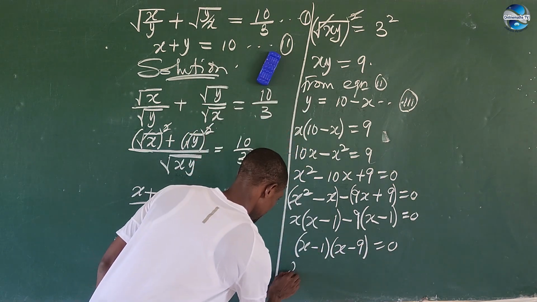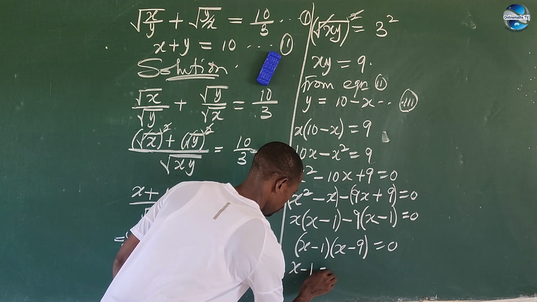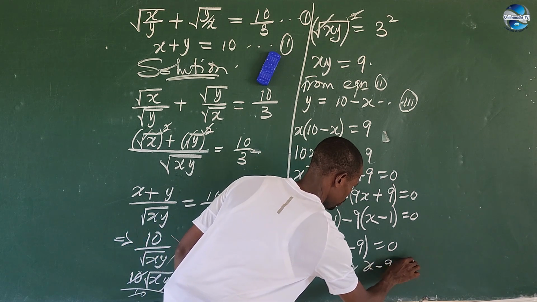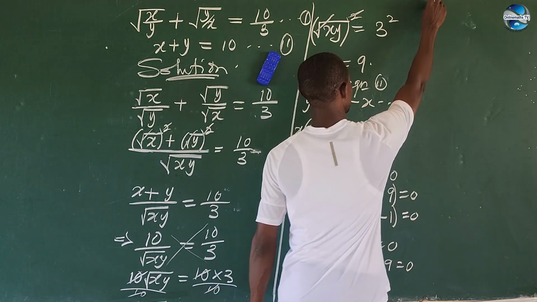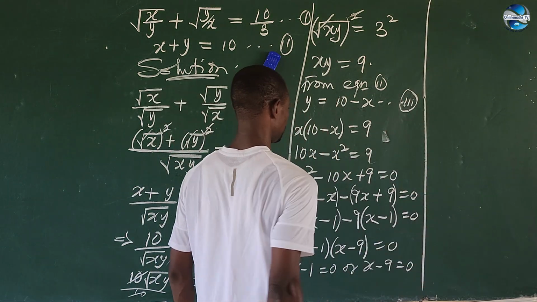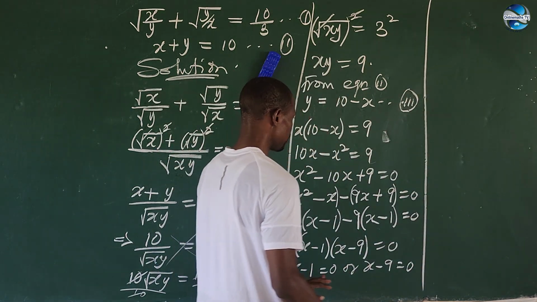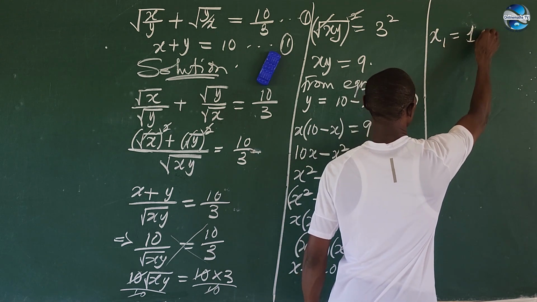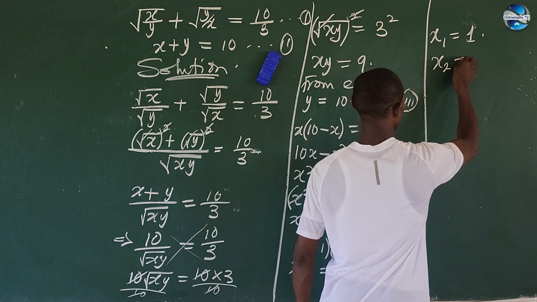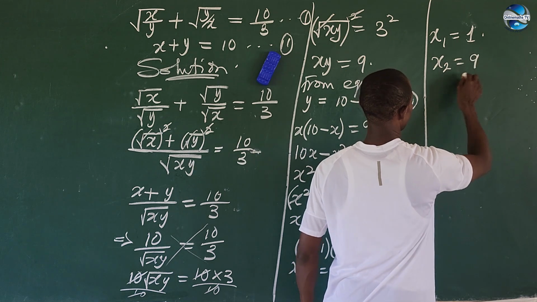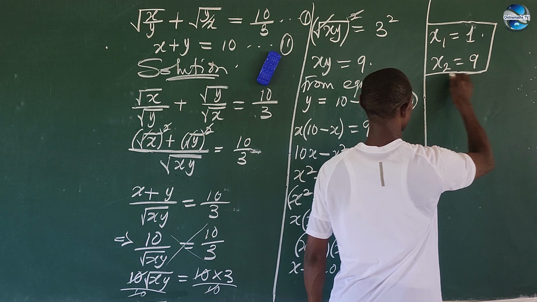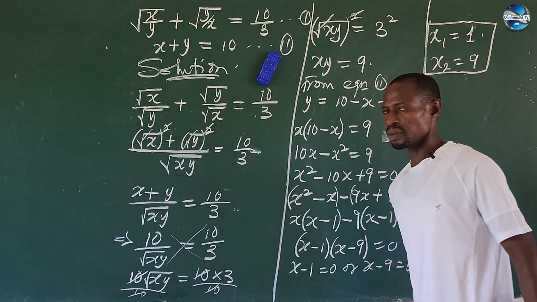So we have x minus 1 is equal to 0, or x minus 9 equal to 0. So let's continue here. I'll finish it up. We move this to this side. Therefore, x1 is equal to positive 1, and x2 is equal to positive 9. Okay, so we have our x1 and x2.